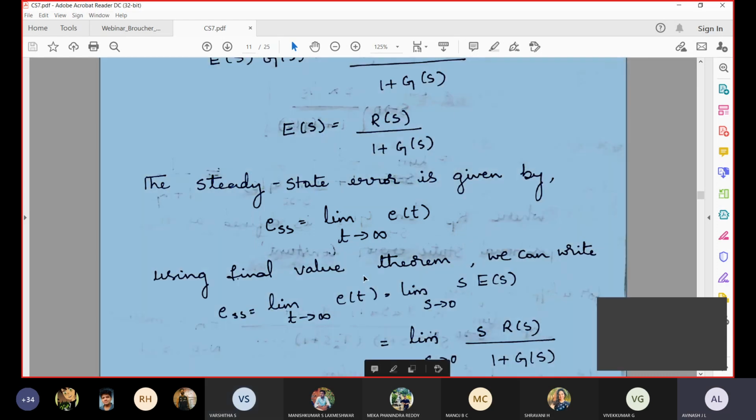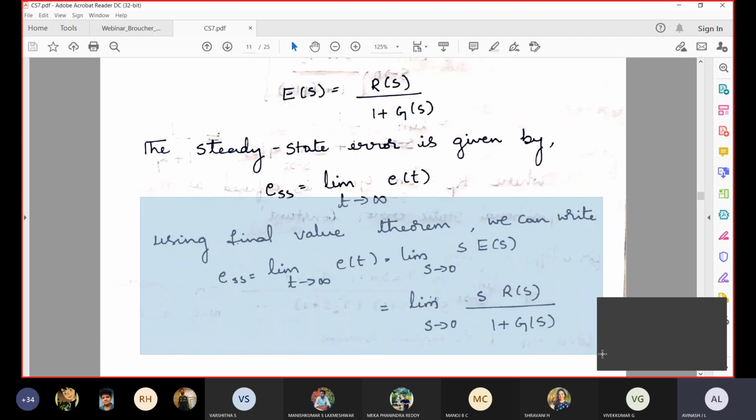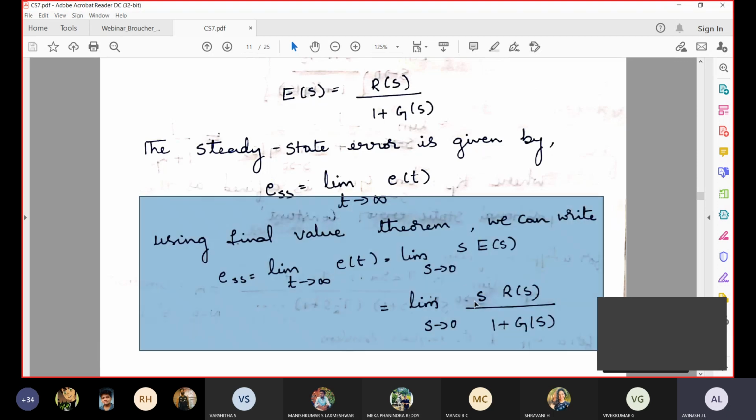Now, by using the final value theorem, we can write this particular thing. You people are very well known that in the network analysis, you people learned that final value theorem, how it will come and all. Okay. So ESS equal to what? Limit t tends to infinity E of t.